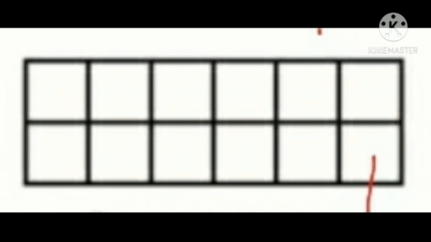Students, this is a rectangle having small squares in it. In order to find out the area of the rectangle, we have to find out how many small squares are made. There are 12 small squares. So the area of the rectangle is equal to 12 square centimeter.